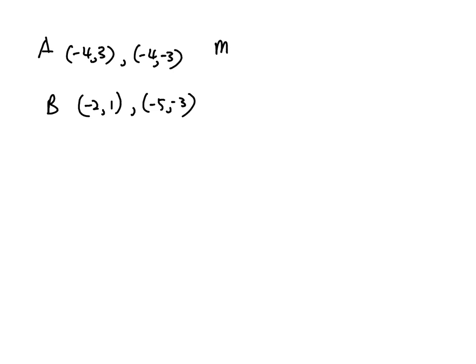The slope is going to be negative 3 minus a positive 3 over negative 4 minus a negative 4. So what we have here is negative 6 over 0, which is undefined.